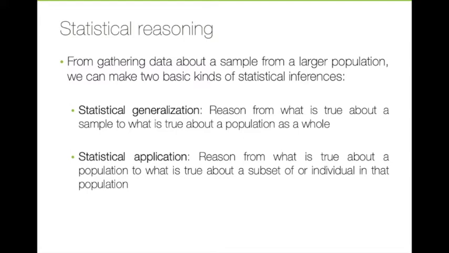In statistical generalization, we reason from what is true about a sample of a population to what's true about the population as a whole. Polling would be the key example. With statistical application, we reason from what is true about a population as a whole to what might be true about a subset of the population or an individual in that population.